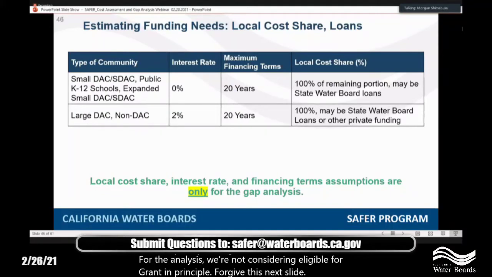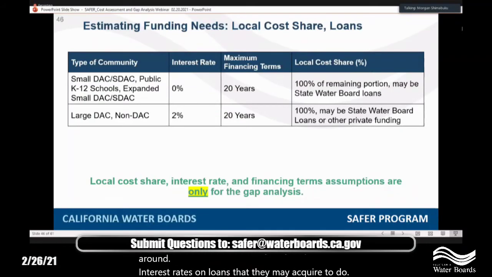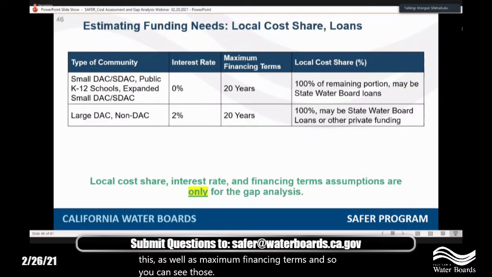And so for communities that are bearing a percentage in our analysis of the cost of the project, we have put in some assumptions around the interest rates on loans that they may acquire to do this, as well as maximum financing terms. And so you can see those here. So just again, to reiterate, this is only for the gap analysis assumptions.